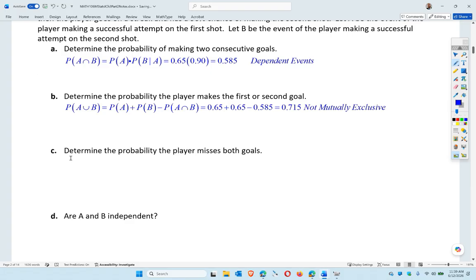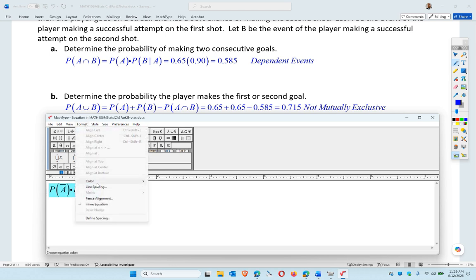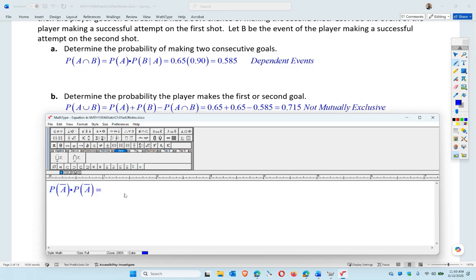Okay, so what do we have here? Probability the player misses both goals. That would be the probability of not A times, let's put the little bar above it, and then we'll put the multiply, and we'll copy. Why is it A twice? Well, if you miss the first one, it's like starting over. It's essentially starting over and getting A again.